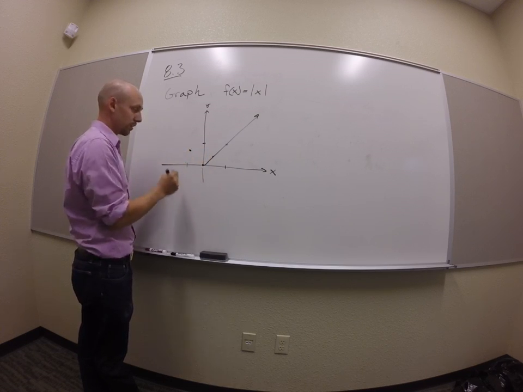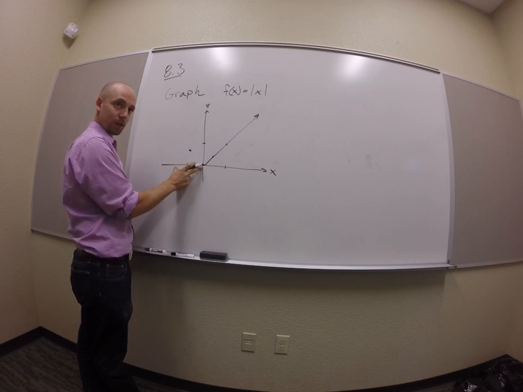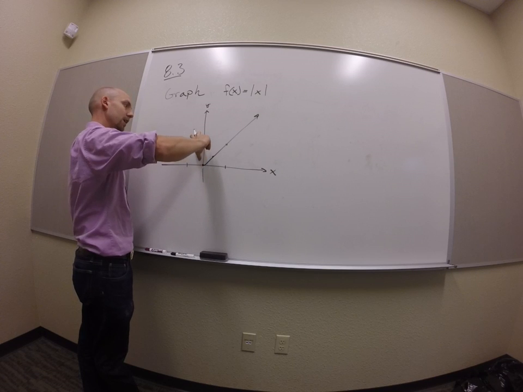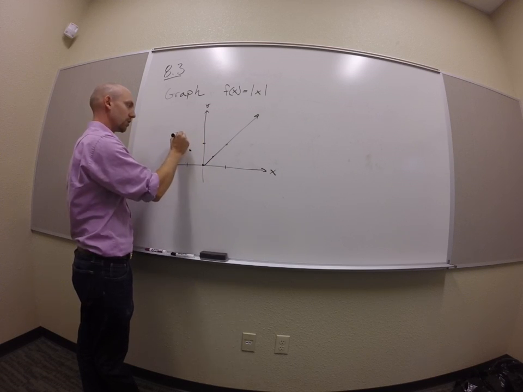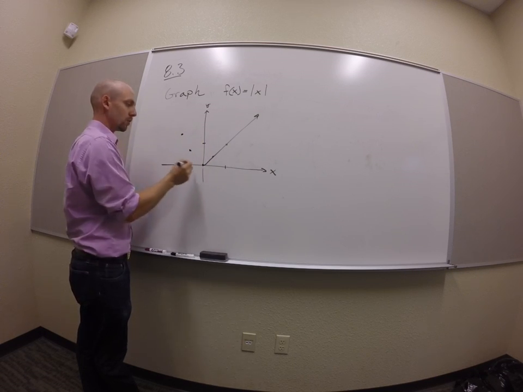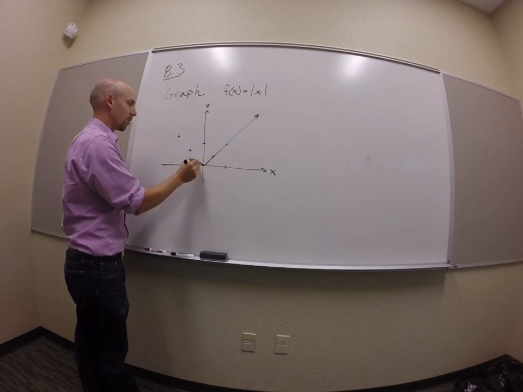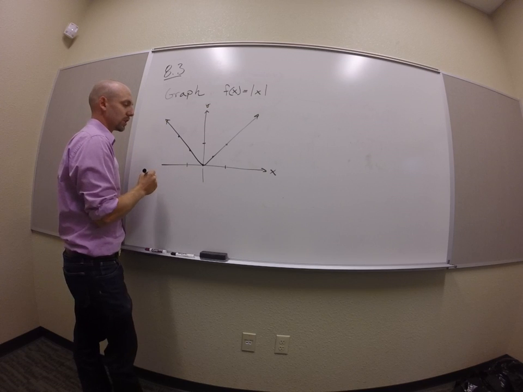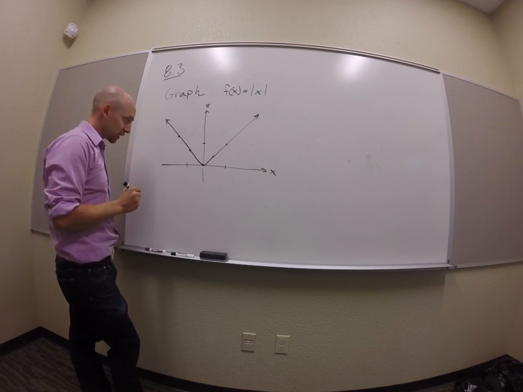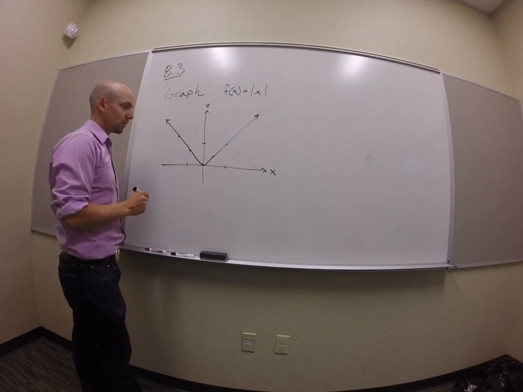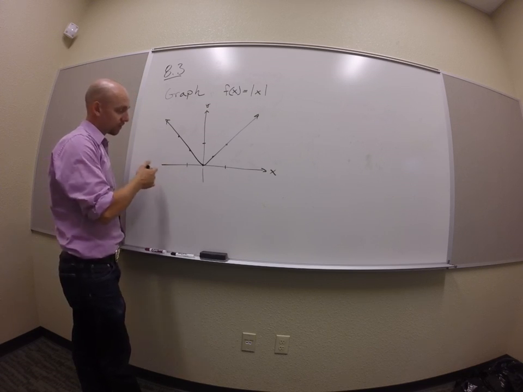So I get another set of dots. This one has distance this far from 0, so I get that distance as an output. So I get another one of these lines, and this one is the same as the line with the equation y equals minus x, at least on the negative stuff.